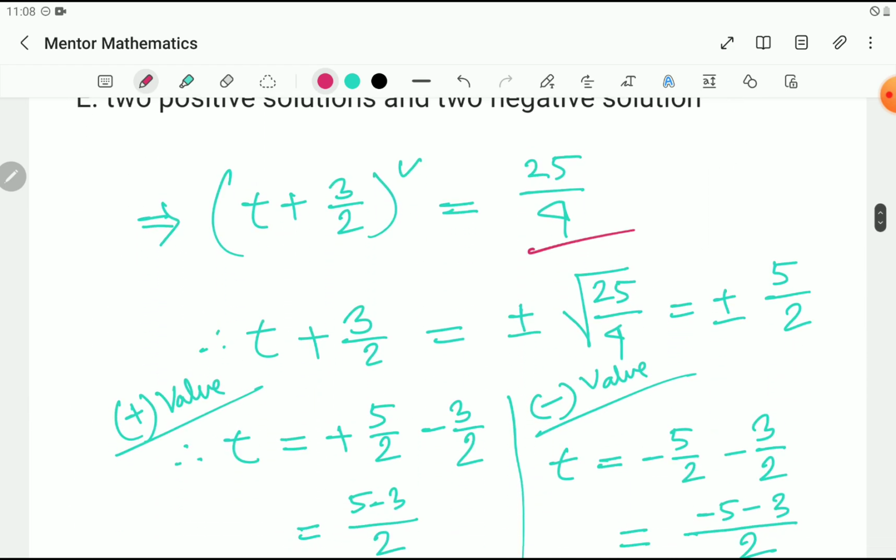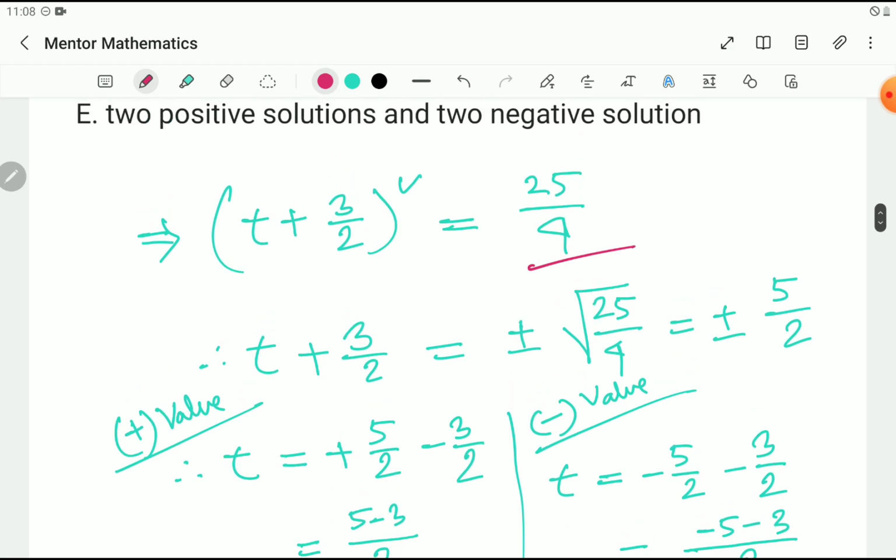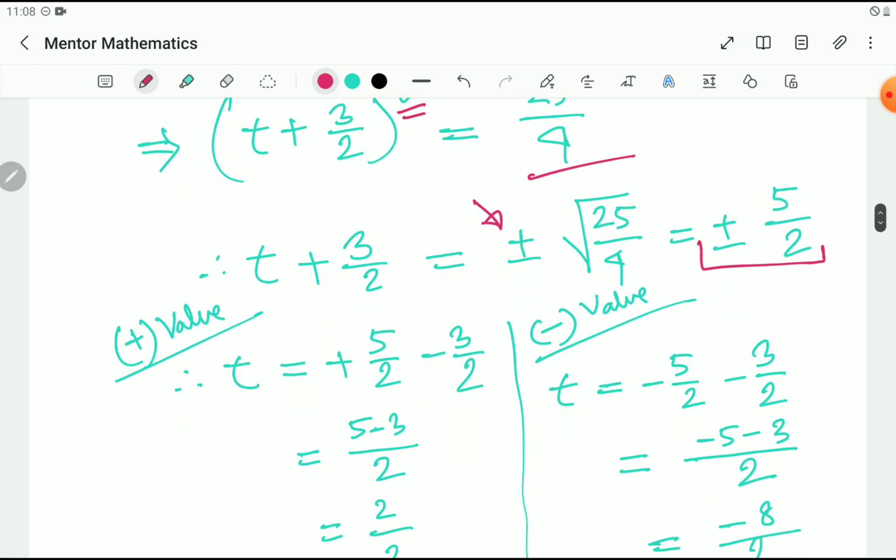Then we find 25 by 4. Now if we remove the square here, it becomes square root of 25 by 4, and remember we have to put plus and minus. So this is our final answer, plus minus 5 by 2.